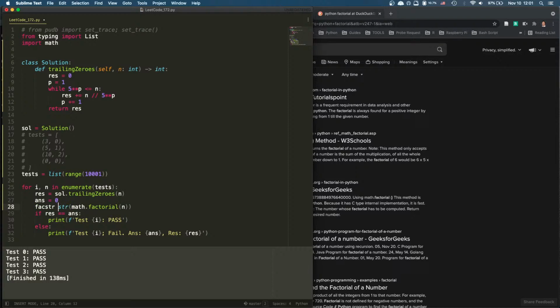fact str equals this, and then we say, what would be the easier way to... we can just strip. Yeah, we can strip 0. So how about this?